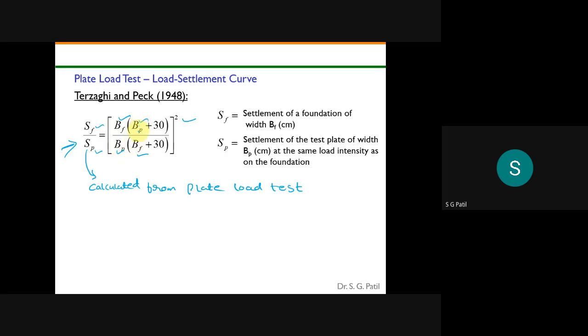Simply substitute all the input parameters, and then I will get the settlement of foundation. So that is SF. Understood? Okay.